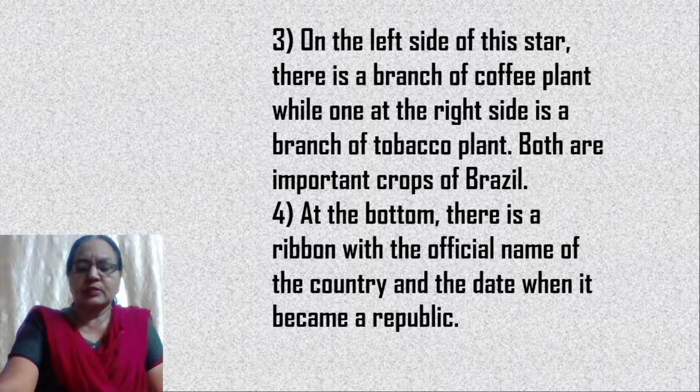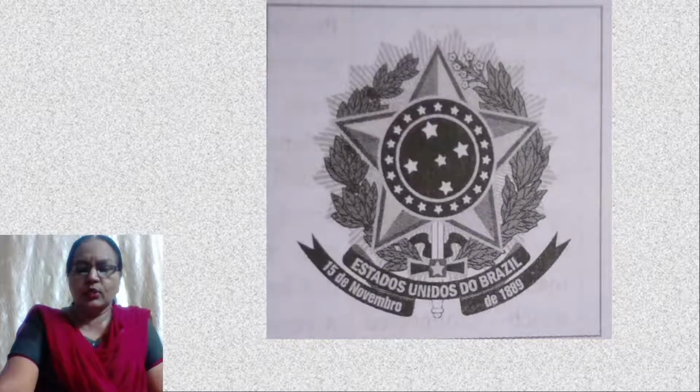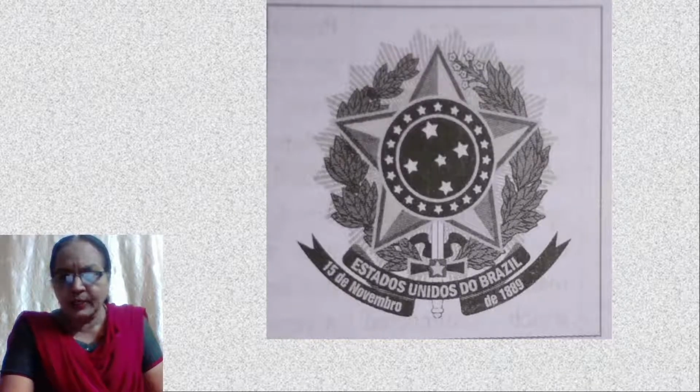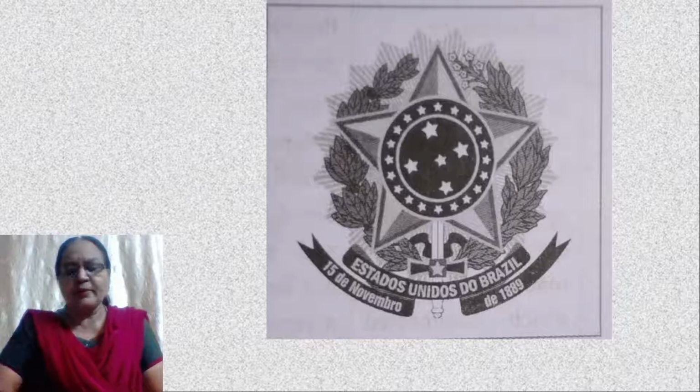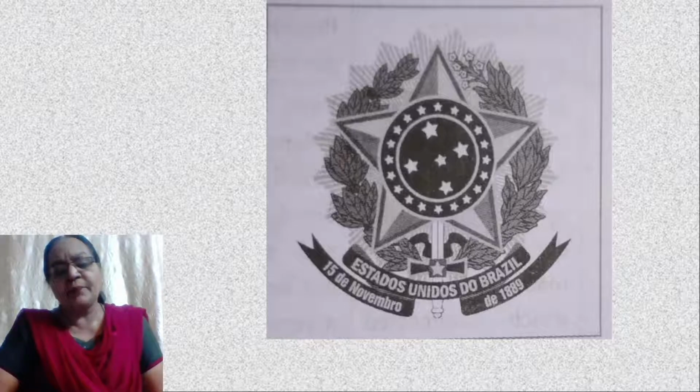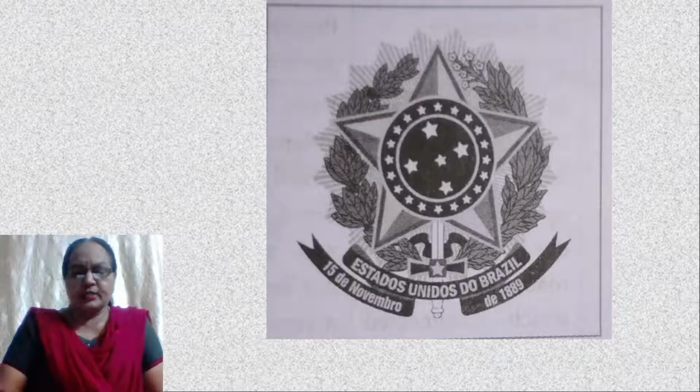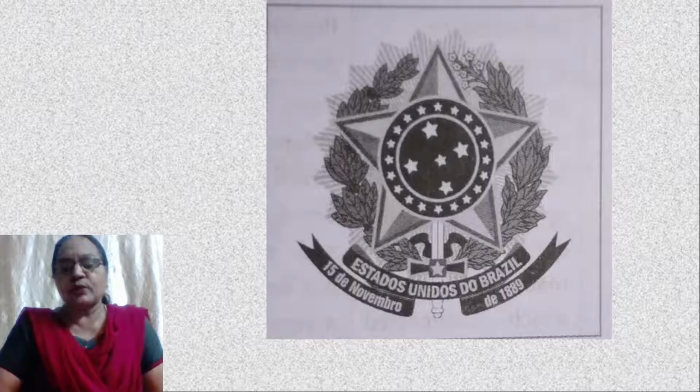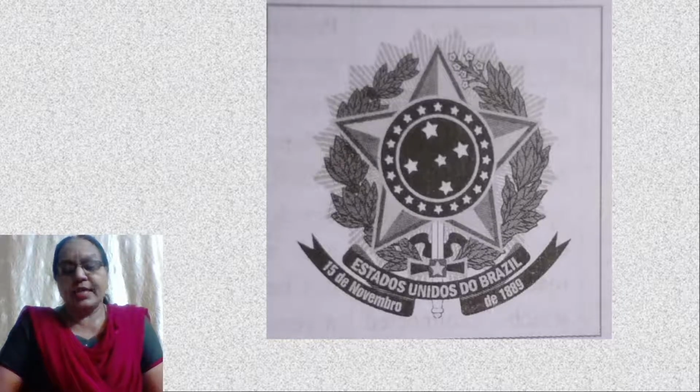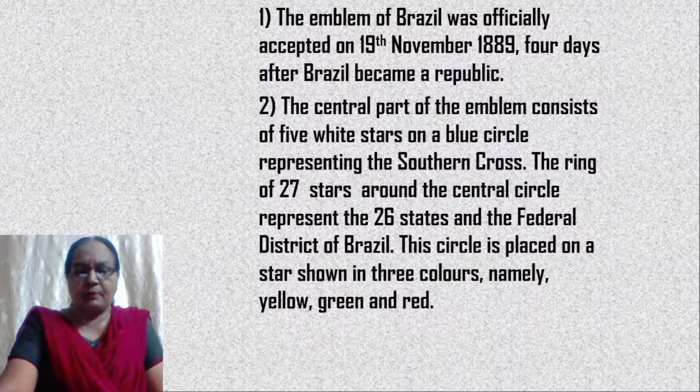Can you see the ribbon? You can see the name of the country, Estados Unidos do Brazil, and the date when it became a republic, 15 de Novembro de 1889.